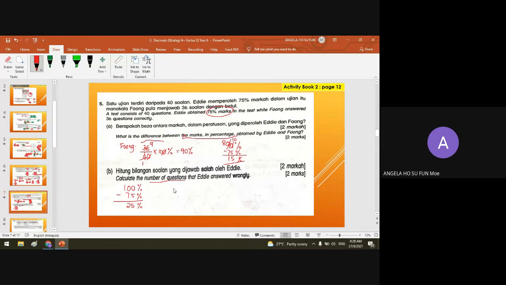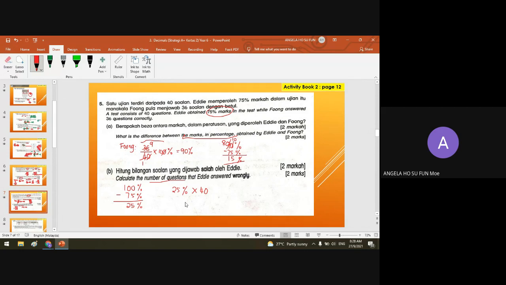So what you're going to do is take the wrong percentage, the 25% that AD got wrong, and multiply by the altogether 40 questions. The question I need to answer is about 40 questions.